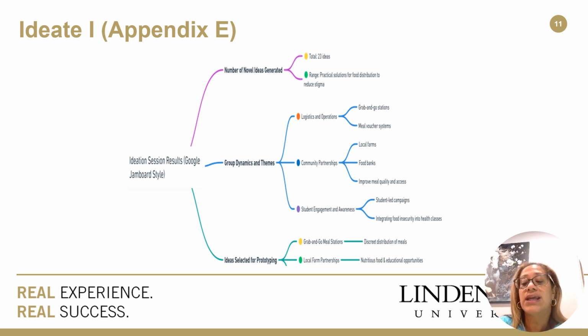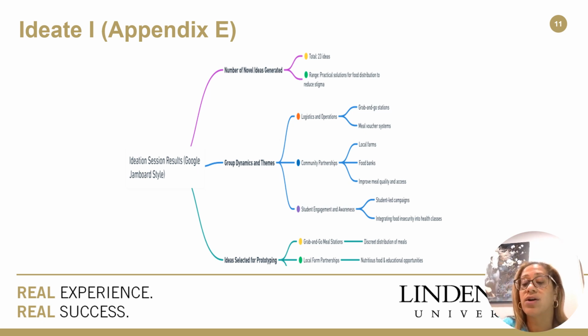The virtual setting allowed for effective collaboration through digital tools. The online platform supported real-time idea sharing. Although some technical challenges remained, the session maintained its momentum and participants remained engaged throughout.